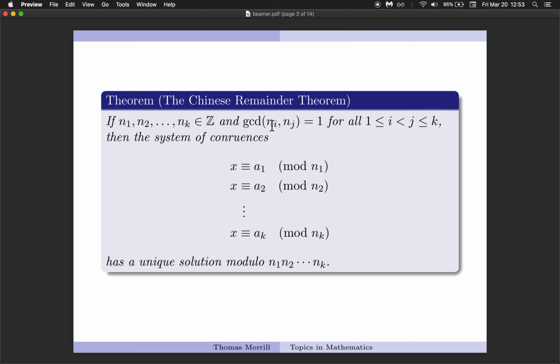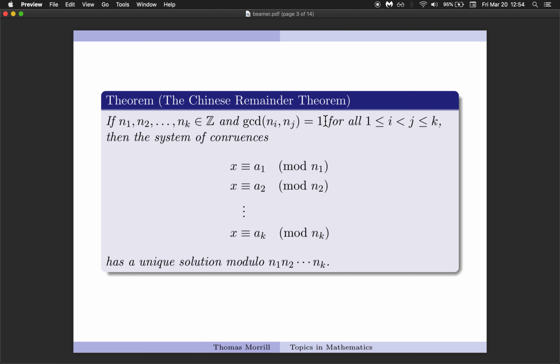So if I have an ni and an nj that are different from each other, their GCD should be equal to 1. You could also say that if I have k many integers, I want them all to be pairwise relatively prime. Any two of them cannot share a prime factor.